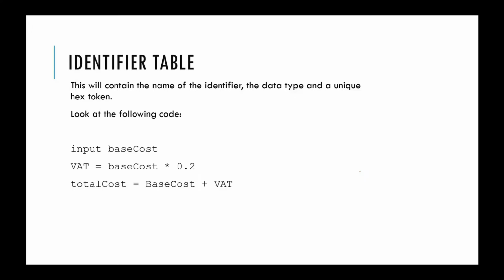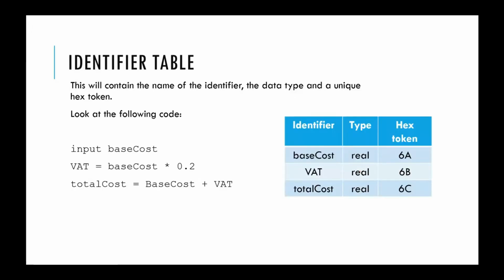What is then left is the identifiers, and this is where we're going to take each identifier and put that into a table. So here's this code. Here's our identifier. So we've gone through and I put in the identifiers, and we've also identified the data types. Now, in most languages, you have to define data types.